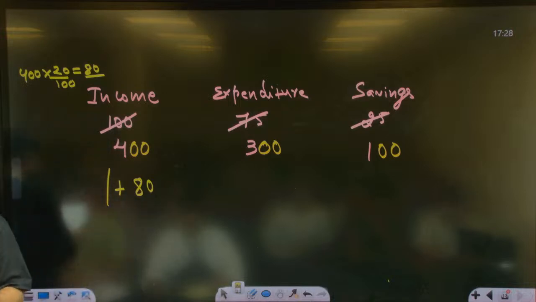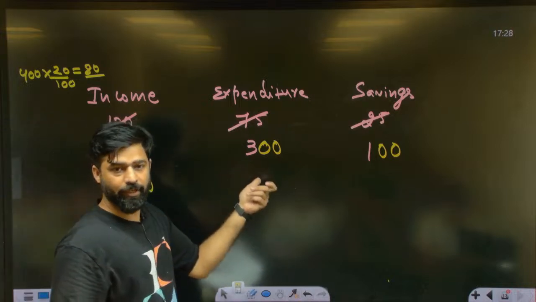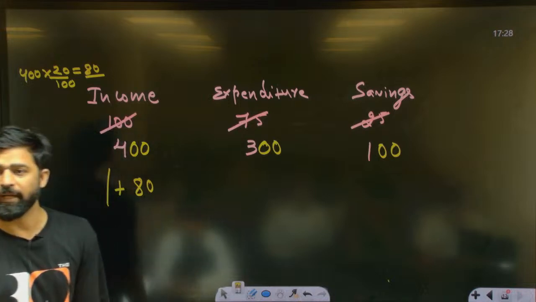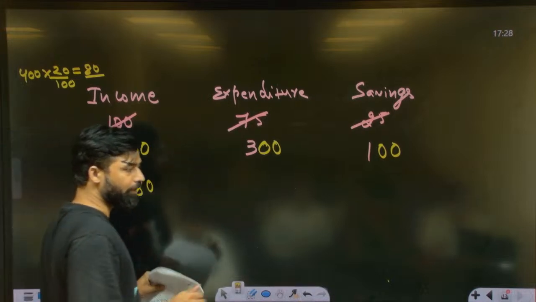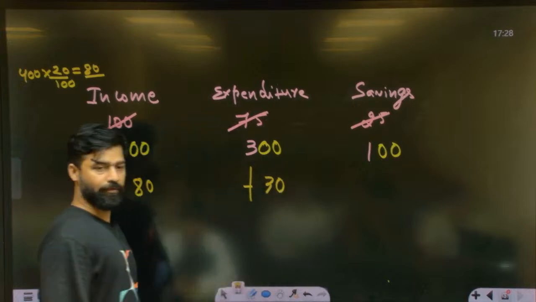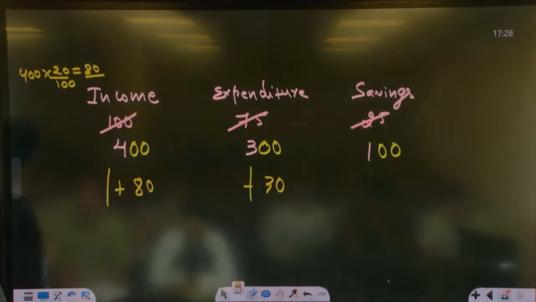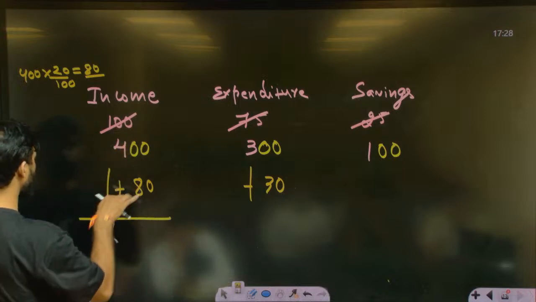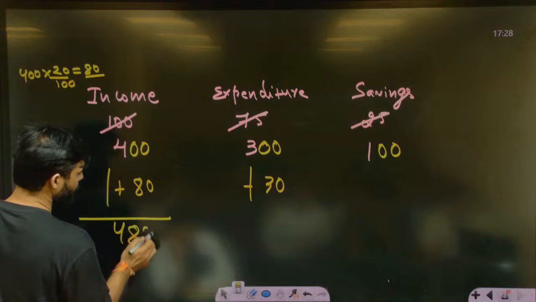We have another piece of information. He is saying his expenditure also increases by 10%. So expenditure earlier was 300 units and now it is increasing by 10%. So 10% of 300 is what? Very good. 30. Any problem in this? So I can say the new income is 400 plus 80, that is 480.